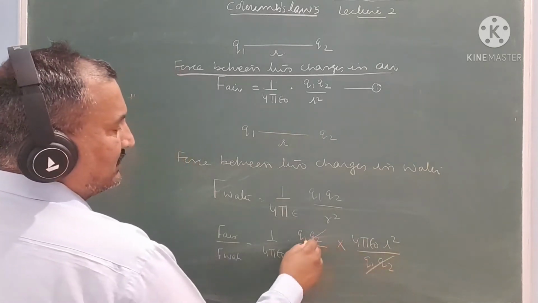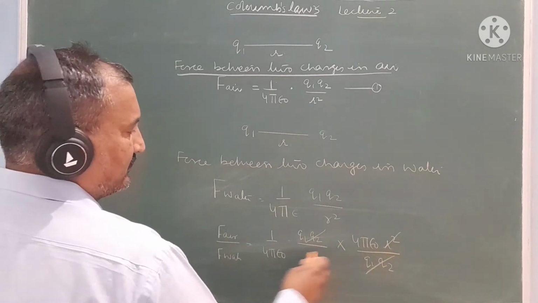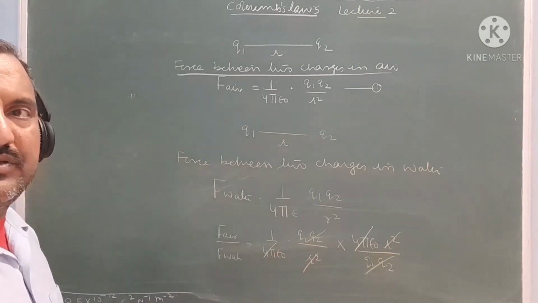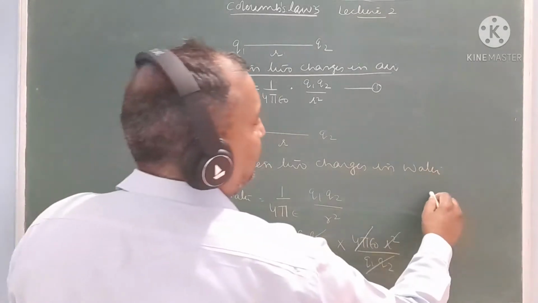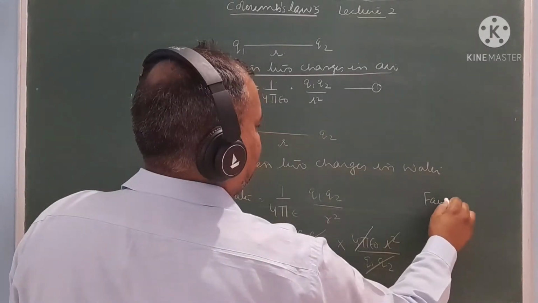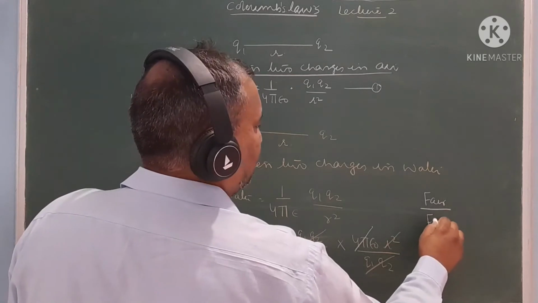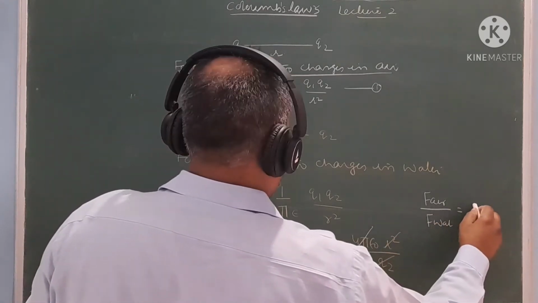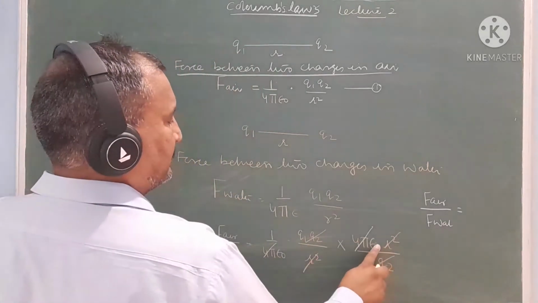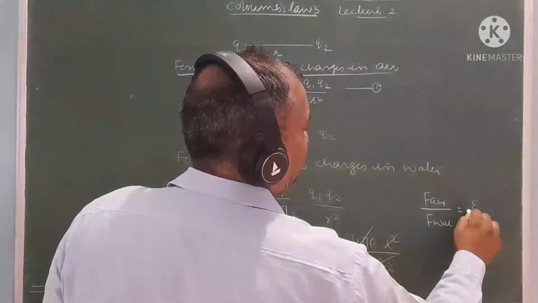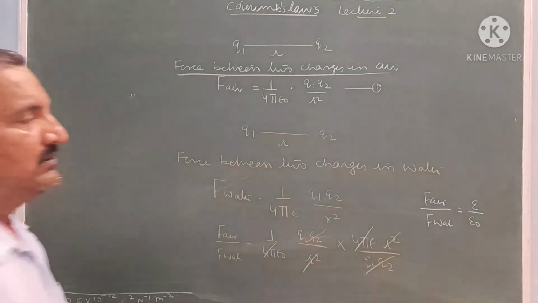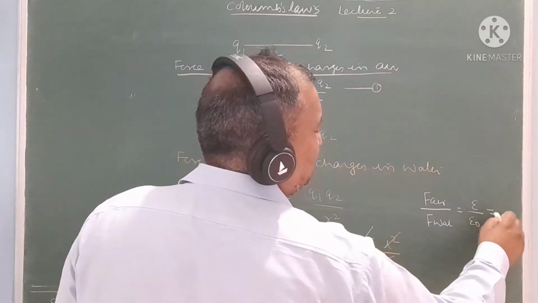We can cancel this, and this also. So what is left with us? F air upon F water is equal to, this becomes... is it clear? So what is this? This is equal to K.